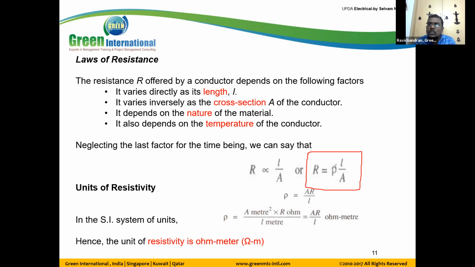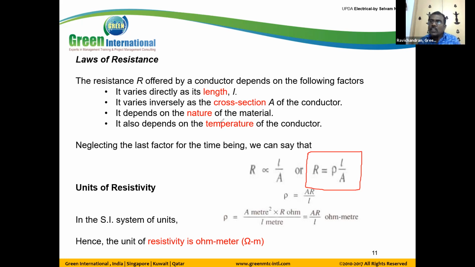Resistance is equal to rho into L by A. Rho stands for resistivity, L stands for the length of the conductor, A stands for the cross-sectional area of the conductor. And apart from this, we have one more parameter, temperature, because in Ohm's law itself we say it is at constant temperature, so the resistance value is constant.